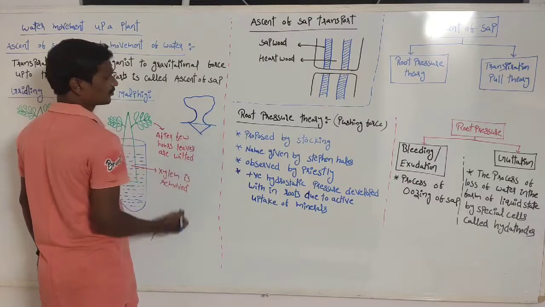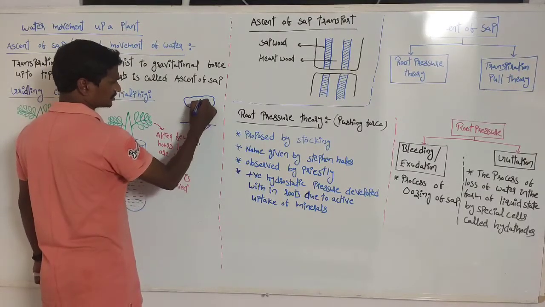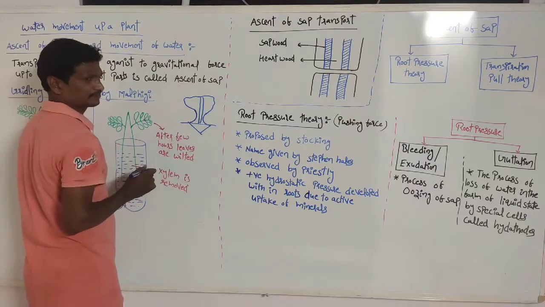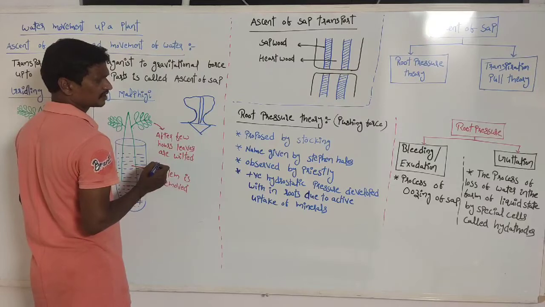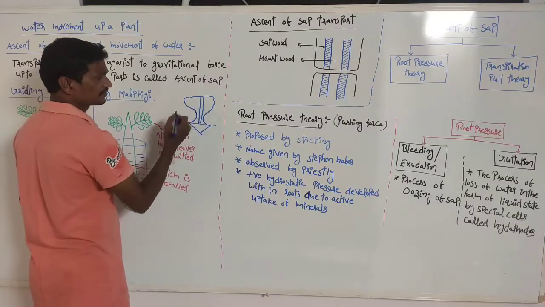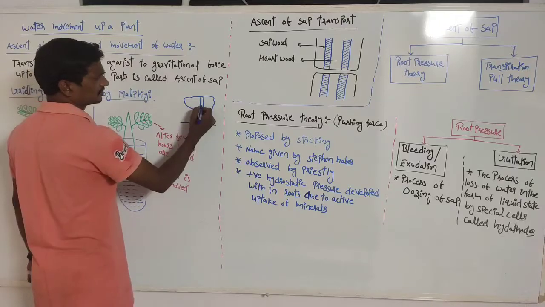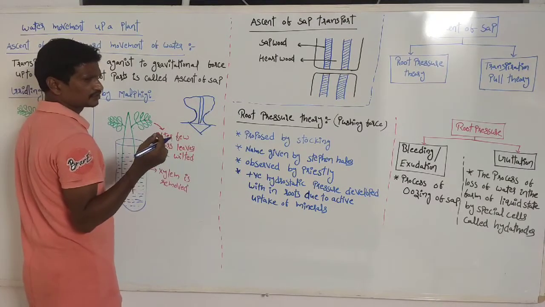The roots absorb water, and after that the water is transported through the xylem. Through the xylem, the water molecules are transported against the gravitational force.